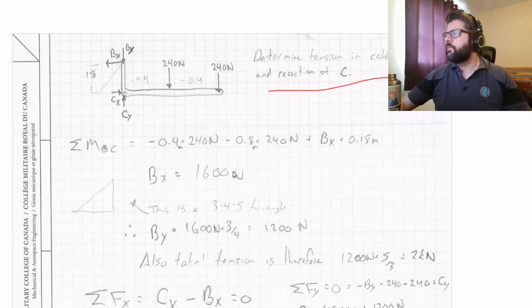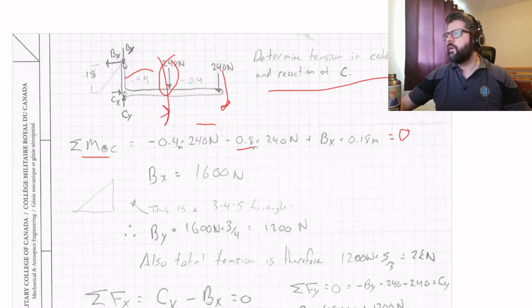So, first things first, what I'm going to do is take a moment about C. That's relatively simple, and again, we know that that's going to be equal to 0. So, the moment at C is equal to 0, which is equal to this force times this, and that's a negative moment because that'll be acting clockwise. Same thing for this one, except we've got a 0.8 meter span between there.